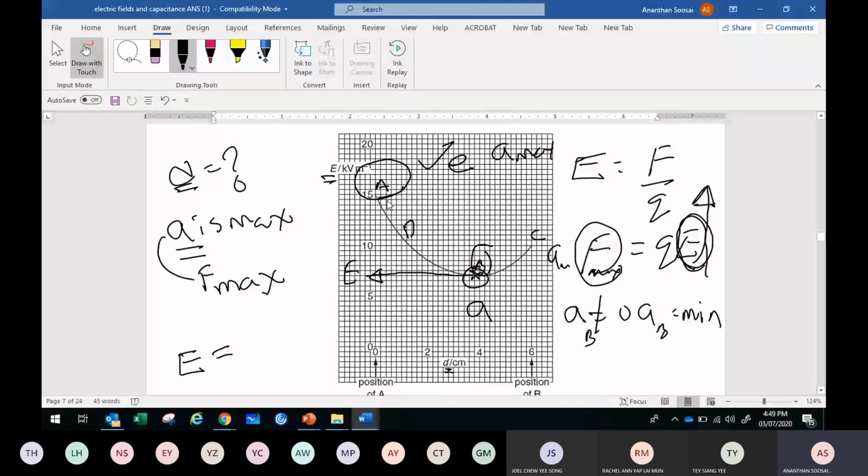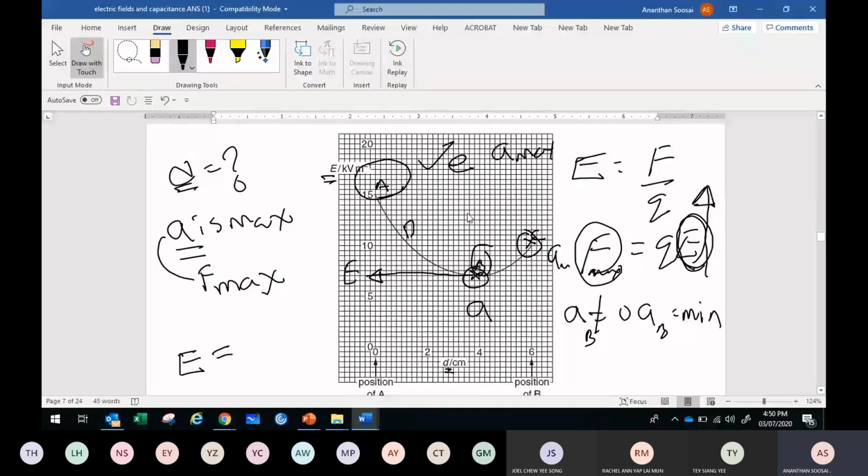Now, please tell me, the acceleration at A and the acceleration at C, what's the difference?